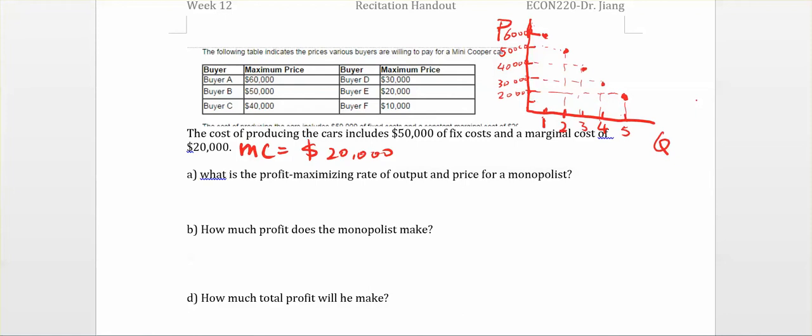If the market price is $10,000, all the consumers listed on the table can afford it, so all 6 consumers. Link these dots together, and we will get our market demand curve.